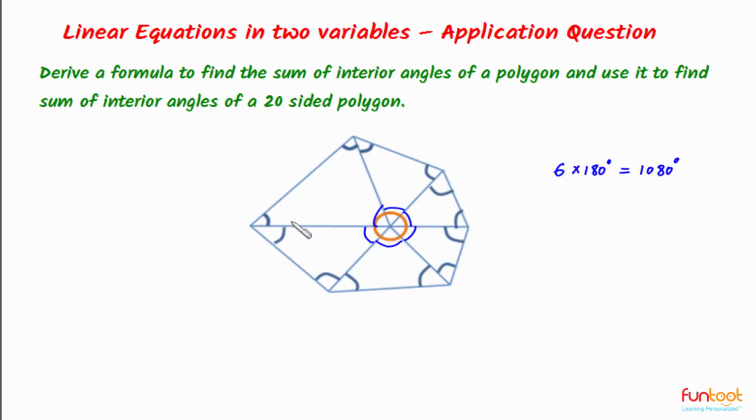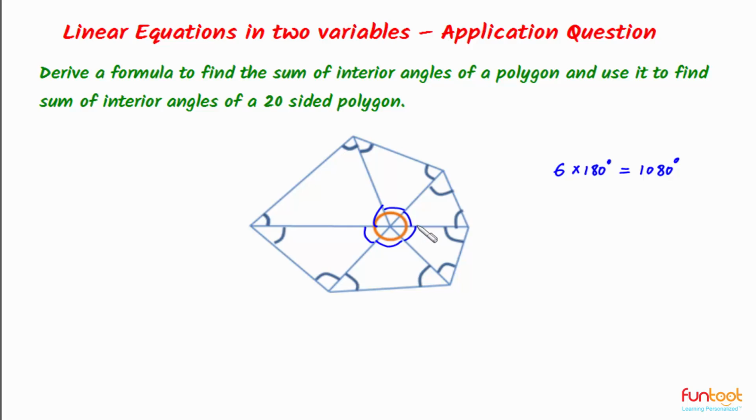So if we want to find the sum of interior angles of this hexagon, from 1080 degrees, if we subtract this complete angle, that is the sum of all the central angles here, then we can get the sum of the interior angles of this hexagon.